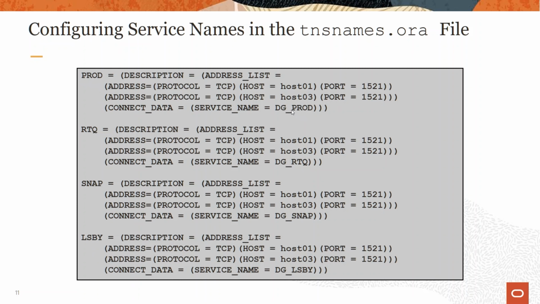This is to connect to DG prod, and we have an RTQ net service name. It is to connect to DG RTQ. And also we have a list of servers, meaning that this service can be running out of a database on host 01 or database on host 03, depending on database role. Same thing for the other two net service names.